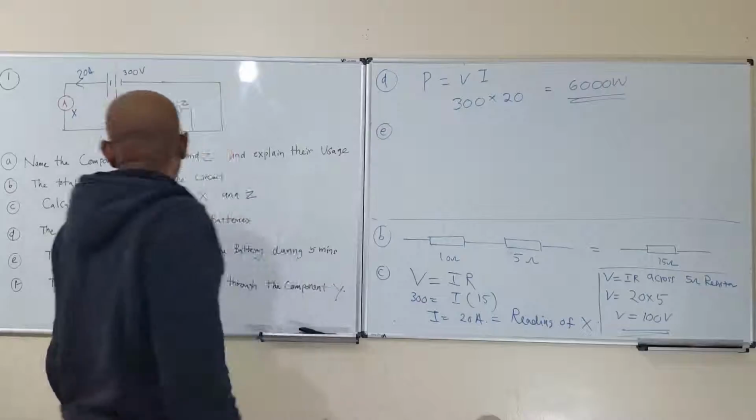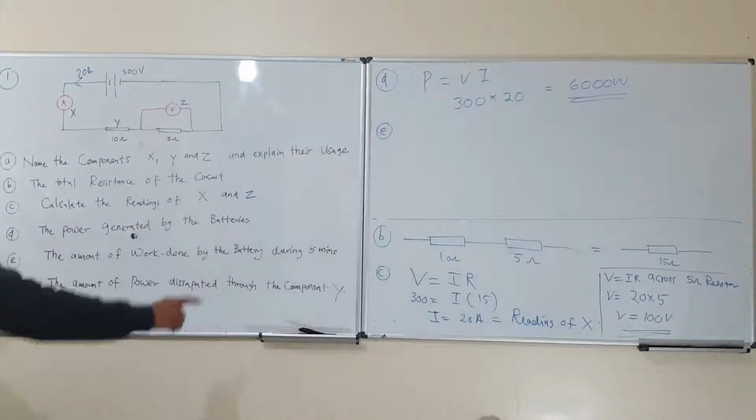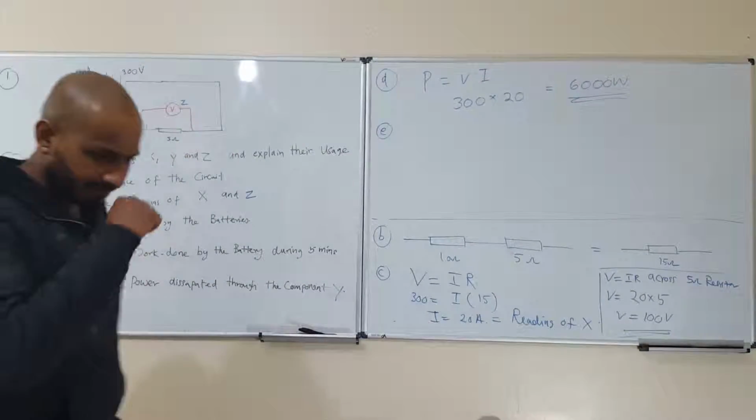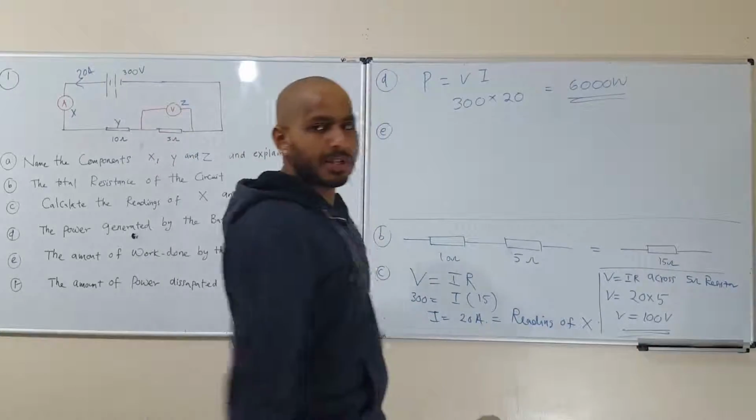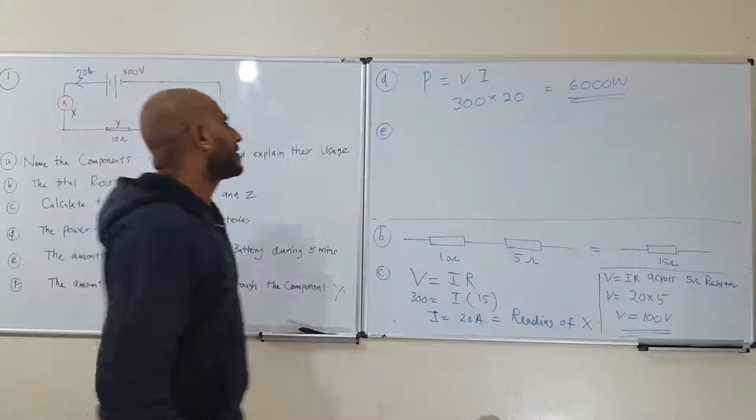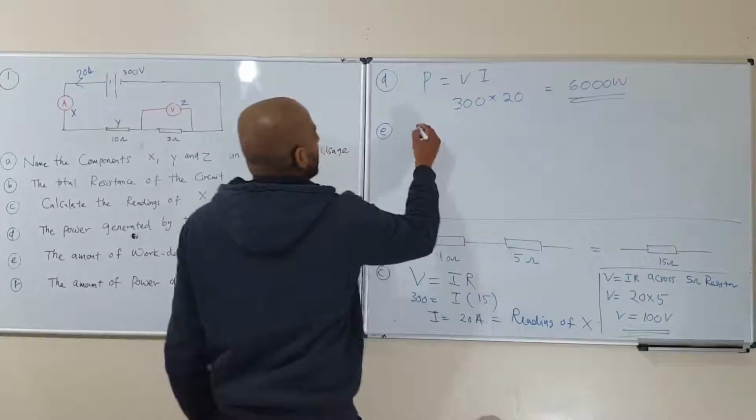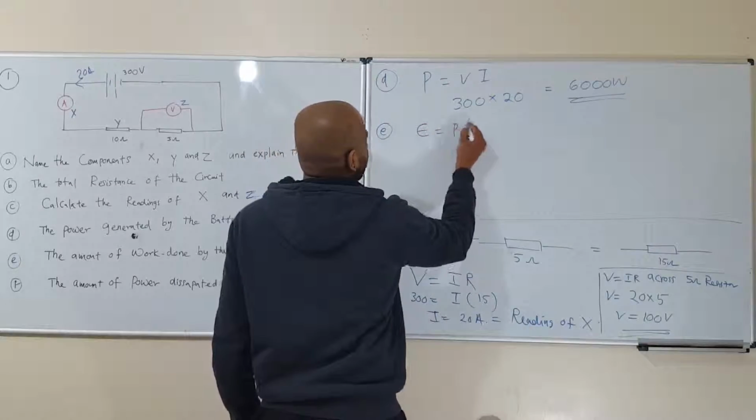Okay? And E, the amount of work done by the battery during 5 minutes. The equation is E equals P times t.